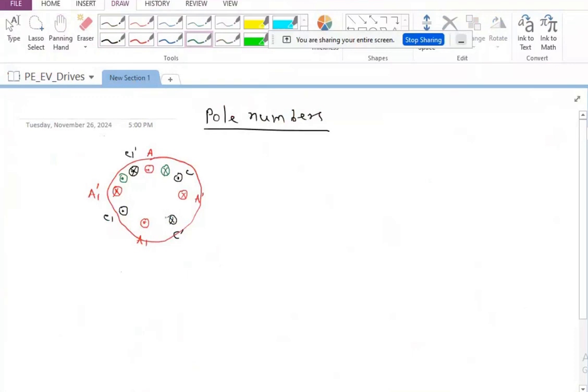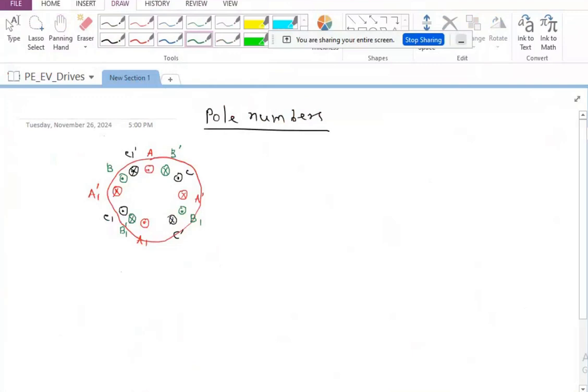And similarly, I should have one more B somewhere here and one more B here. So this must have been B, and this should be B dash, and this should be B1, and this should be B1 dash, and so on.